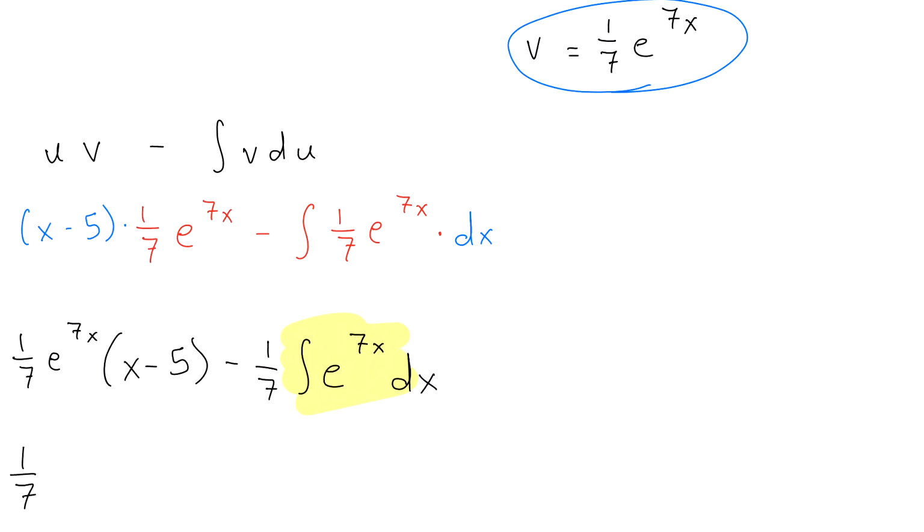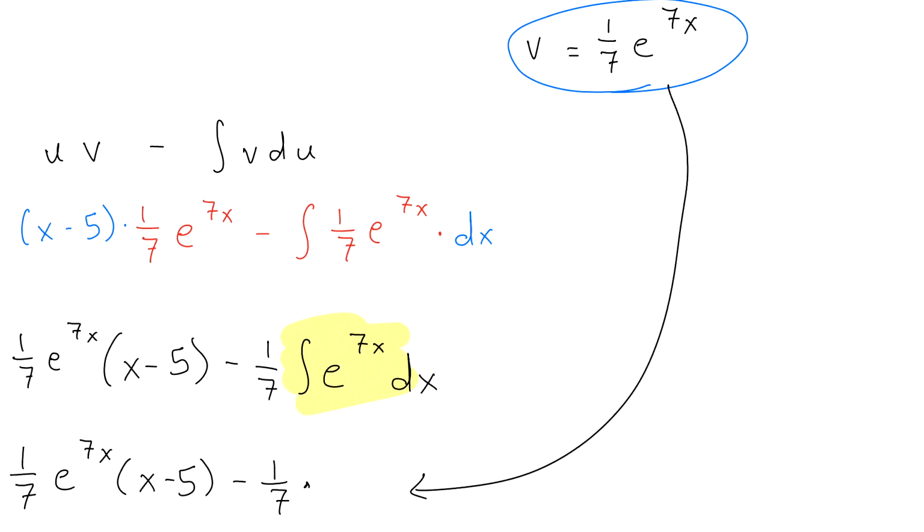1 over 7 times e to the 7x power times x minus 5 minus 1 over 7. That's coming from this part right here. Times the antiderivative, which is this part. I'm going to go ahead and plug that in right here. So that should be 1 over 7 times e to the 7x power, and of course we can't forget about our plus c.